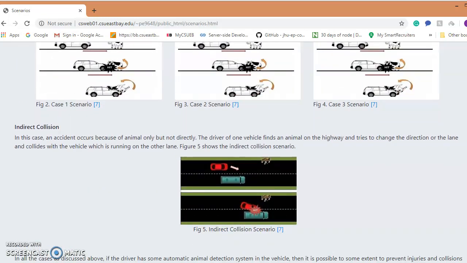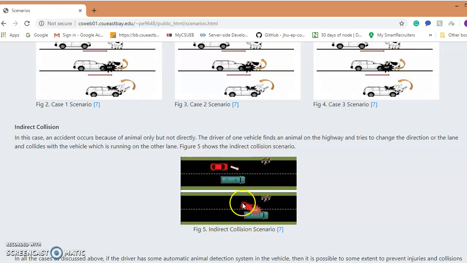In indirect collision, an accident occurs because of the animal only, but not directly. It means the driver of one vehicle finds an animal on the highway and tries to change the direction or the lane and collides with another vehicle which is running on the other lane. So this figure 5 shows the indirect collision, where just to save the animal, the driver hits another vehicle.